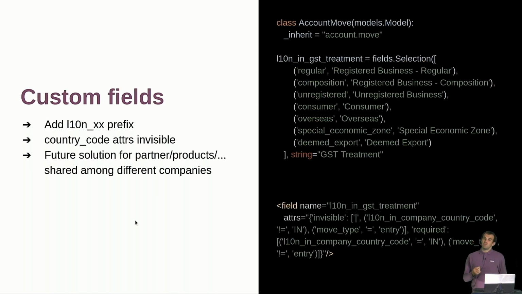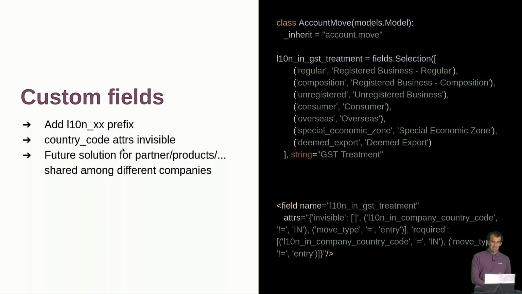Often we need to add also a custom field. So for example, here in India, we need a GST treatment on the account invoice, account move now. And what's important to consider is that if you add a field somewhere, you are not disturbed by this field when you have an invoice from another company.